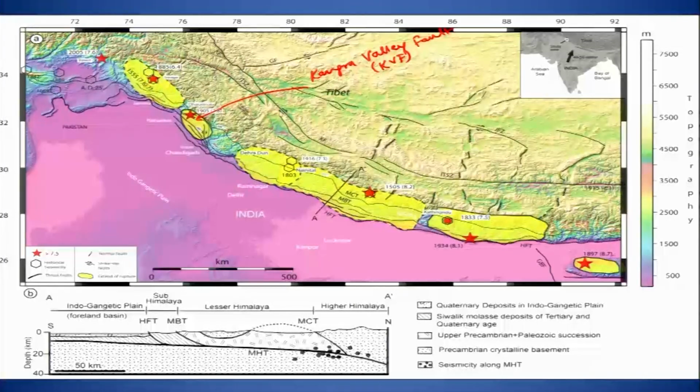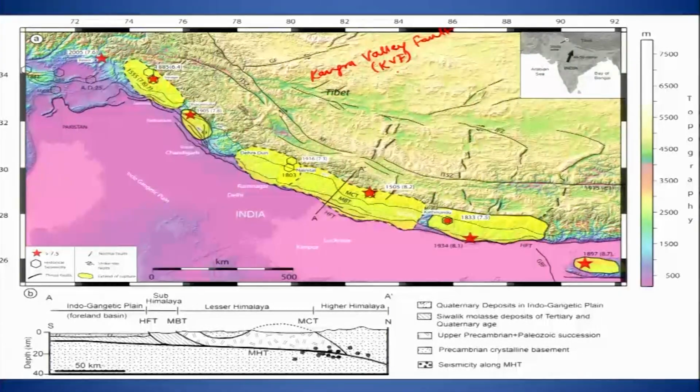Now the question which we asked in the previous slide is whether these earthquakes were triggered along the Himalayan frontal thrust or along some other faults. What we have suggested is that the 1905 Kangra earthquake of magnitude 7.8 was triggered along KVF.